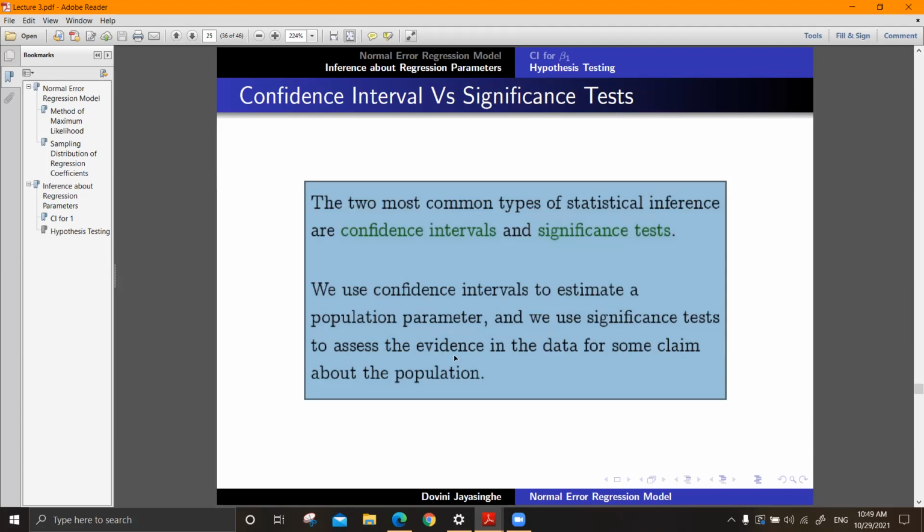Things like that. So we are checking statements, we are checking hypotheses. That is a test, right? A confidence interval can give you some idea about the range where the parameter can fall, but with some percentage. It's not 100% confidence, right?